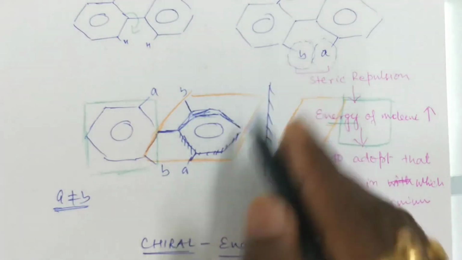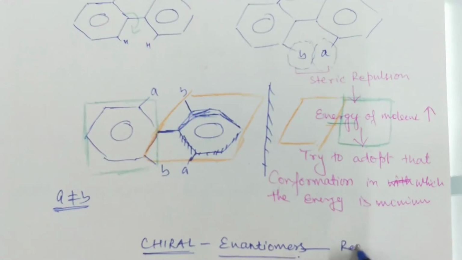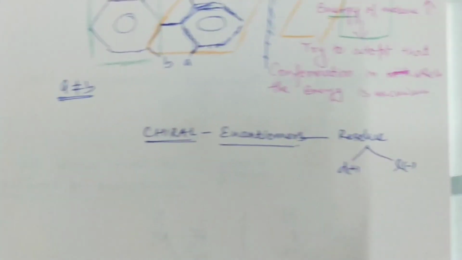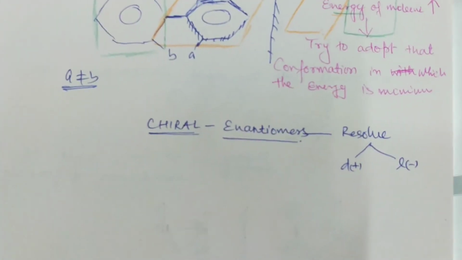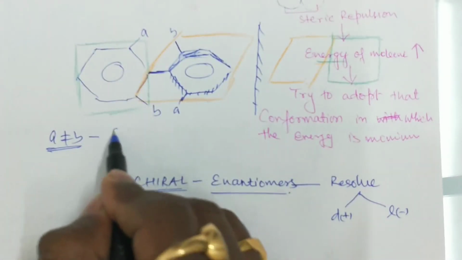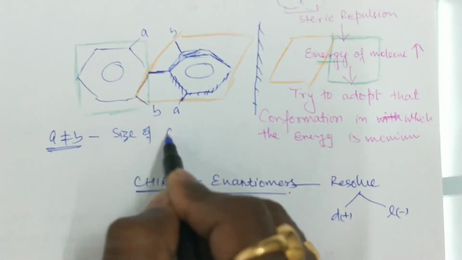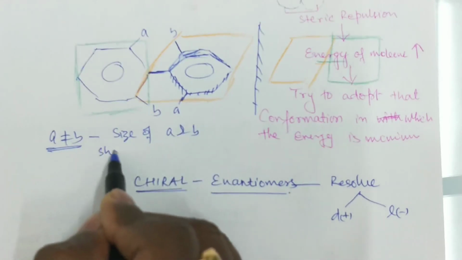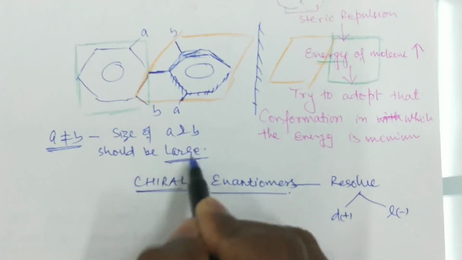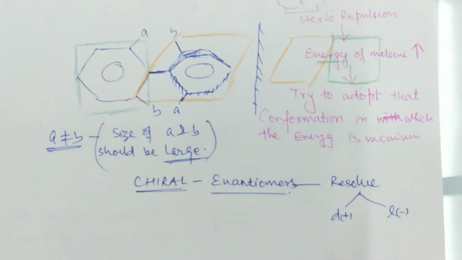And you can resolve this molecule into isomers, D plus and L minus, meaning this molecule will show optical activity. So what is the condition here? A should not equal B, and the size of A and B should be large enough so that they offer restricted rotation.